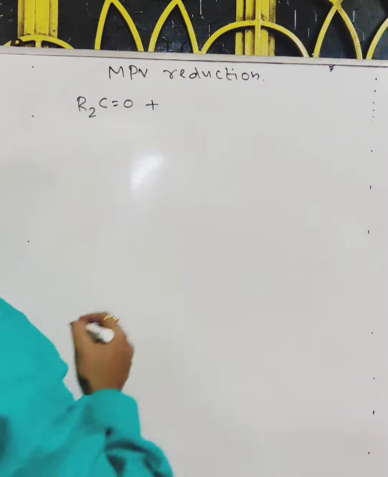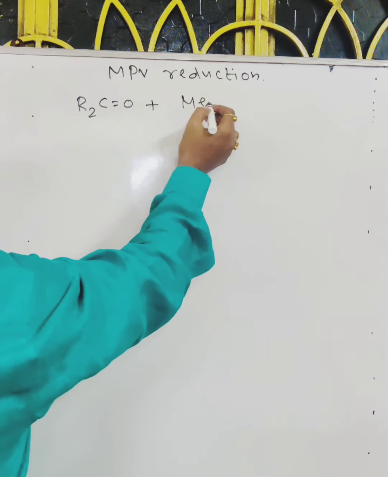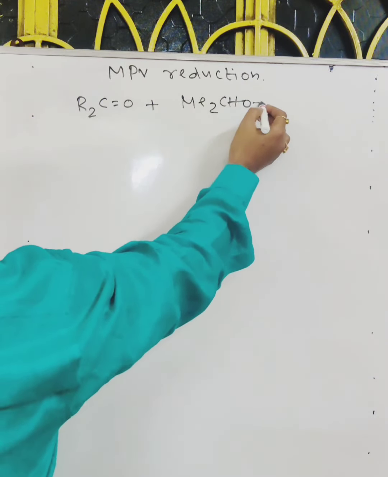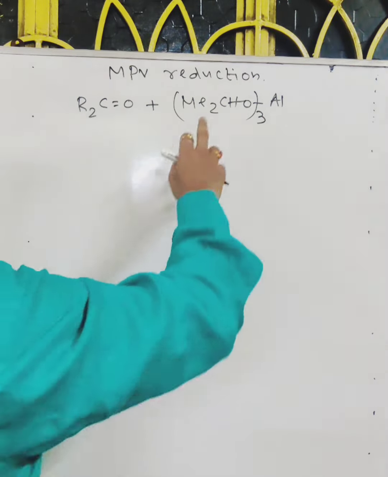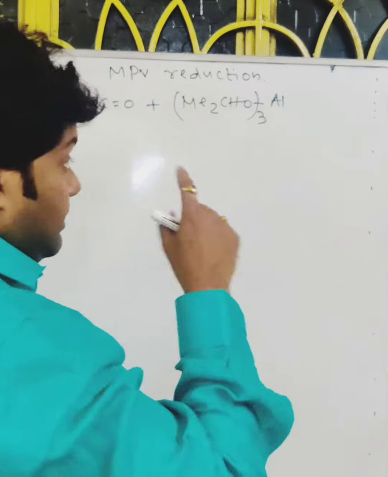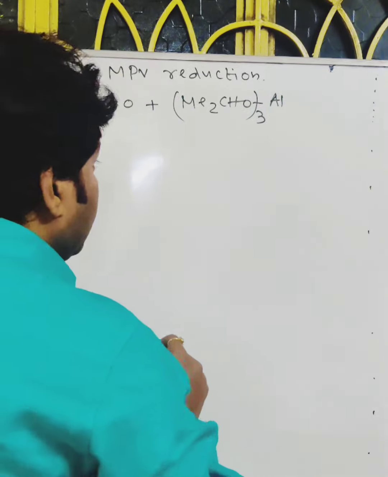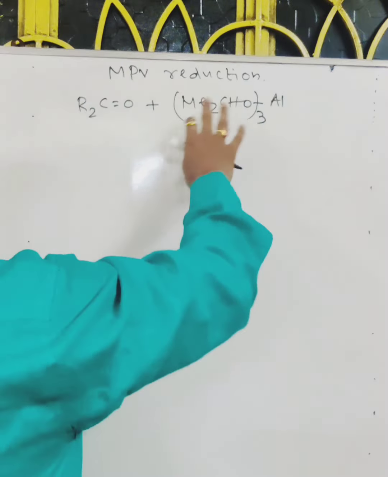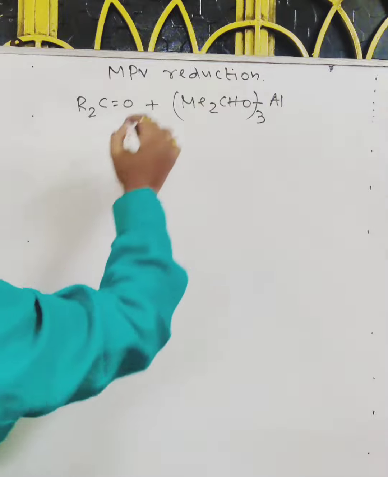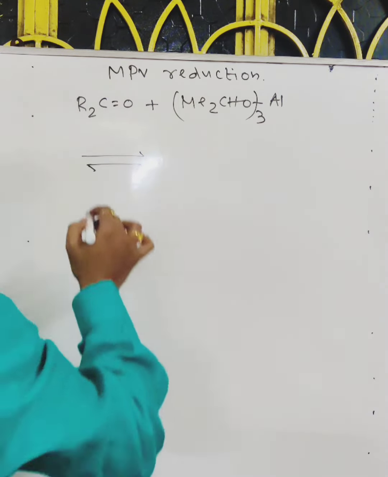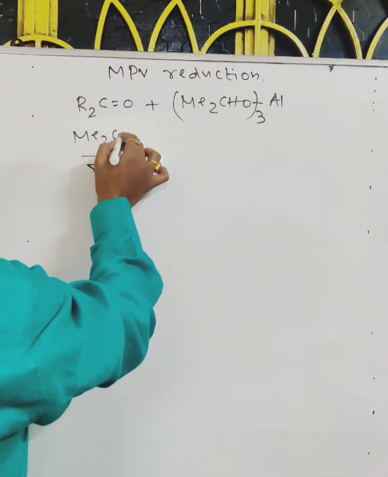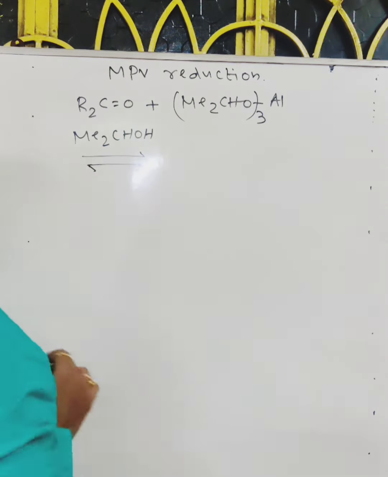Generally, we are using the reagent which is aluminium isopropoxide. Clear? Aluminium isopropoxide. Me2CHOH is the isopropyl alcohol. From there we get the aluminium isopropoxide. It will establish an equilibrium, and we need the medium in the form of isopropyl alcohol.